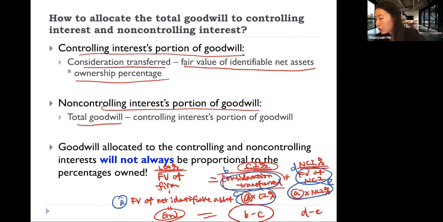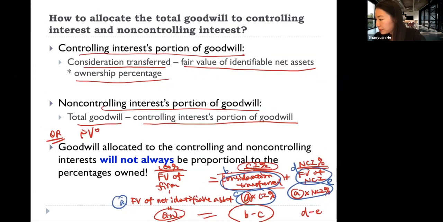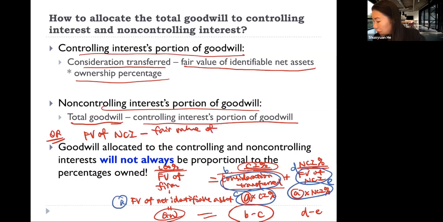Or you can use fair value of non-controlling interest minus the total fair value of net identifiable asset multiplied by non-controlling interest ownership percentage.